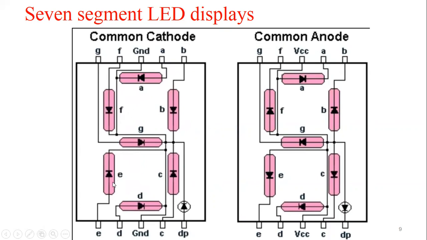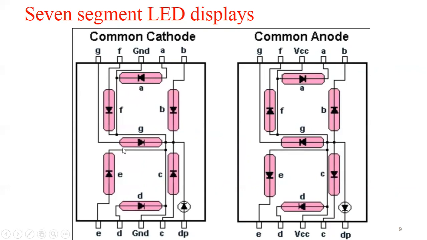Suppose we have to display A, then LEDs E, F, A, B, C, and G have to be turned on. If we have to display one, then LEDs B and C will turn on. So this is how we use these LEDs to build different types of applications.